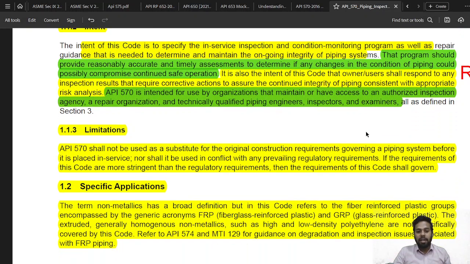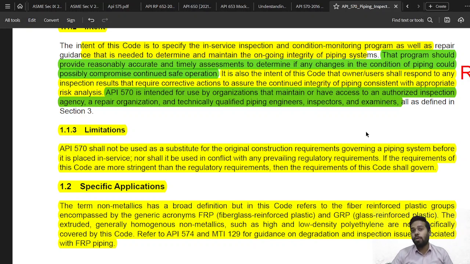API 570 shall not be used as a substitute for the original construction requirements governing a piping system before it is placed in service, nor shall it be used in conflict with any prevailing regulatory requirements. That means it is not the intent of this code that it should be used for original construction. You can only use this for pipe that is placed in service.